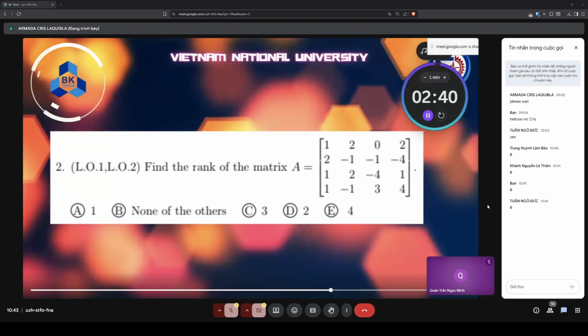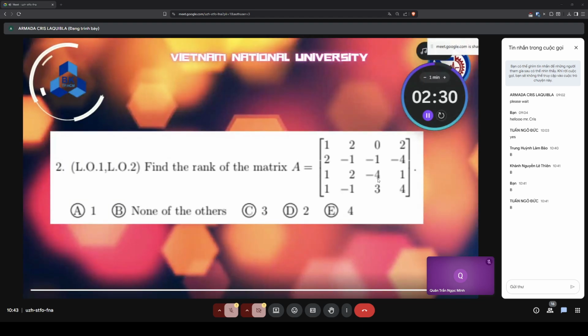Next meeting, class, I can still meet you, and then we will do a review of the midterm questions. The questions here are from 2023. So we also review questions from the previous exams.